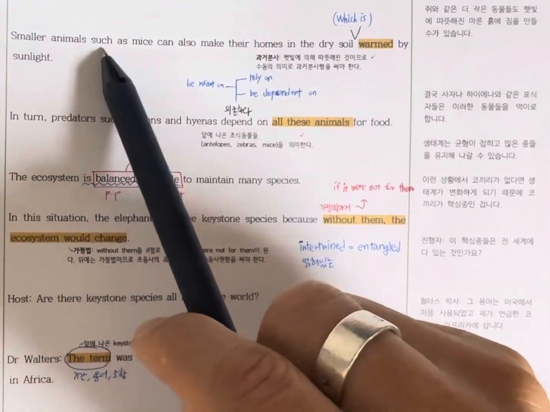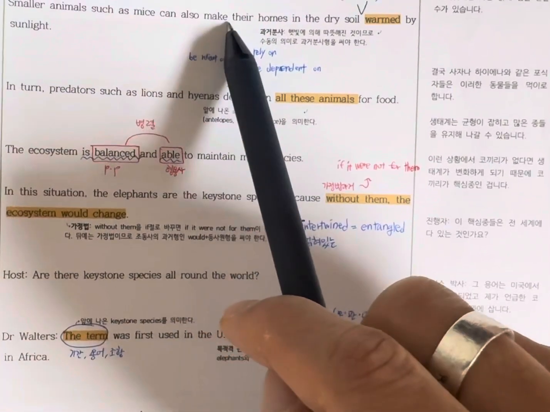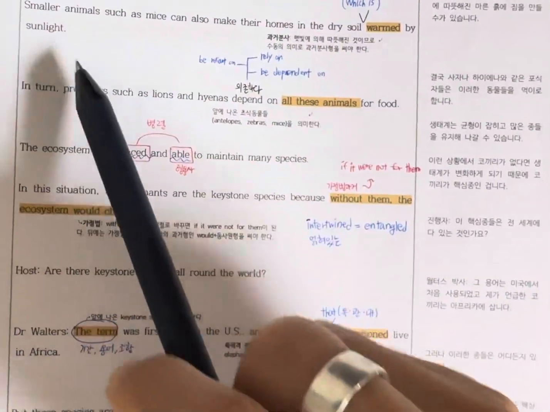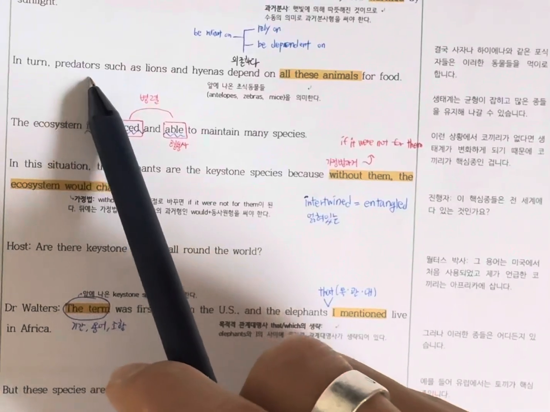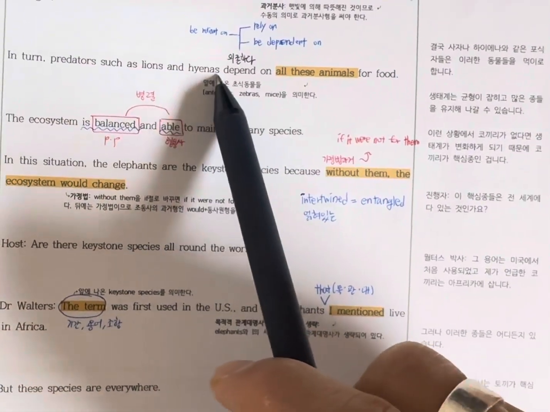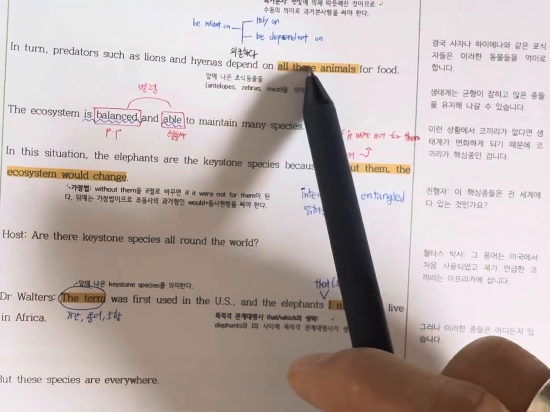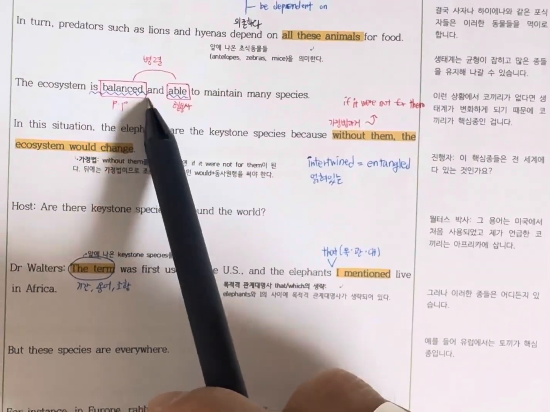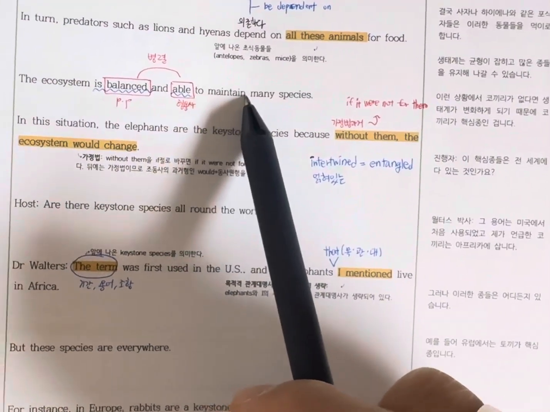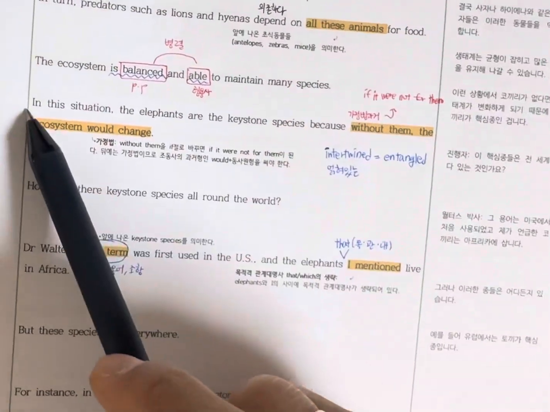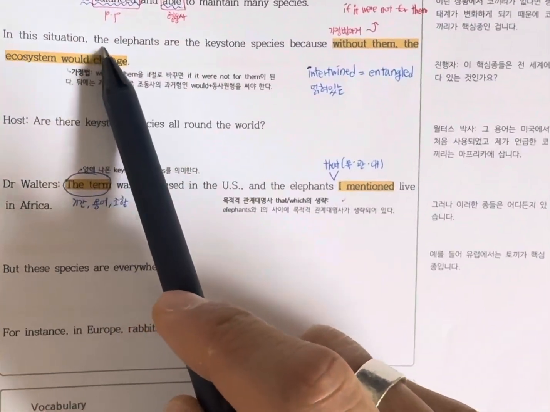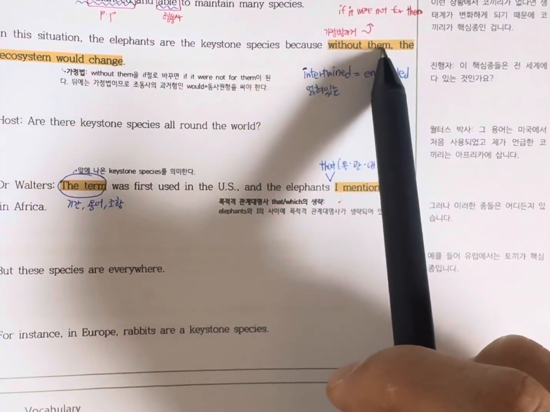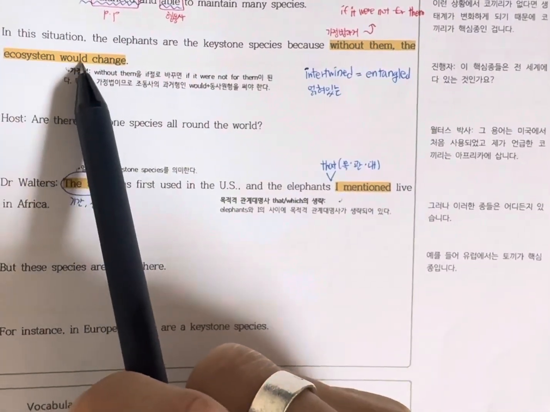Smaller animals such as mice can also make their homes in the dry soil warmed by sunlight. In turn, predators such as lions and hyenas depend on all these animals for food. The ecosystem is balanced and able to maintain many species. In this situation, the elephants are the keystone species because without them, the ecosystem would change.